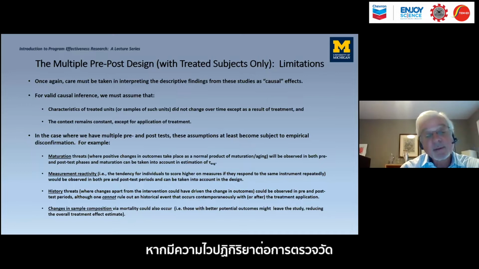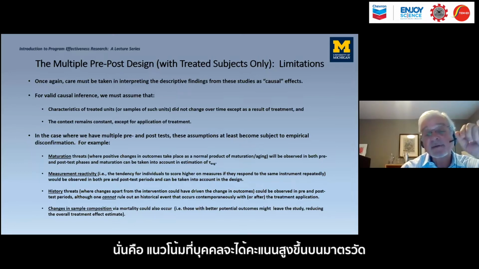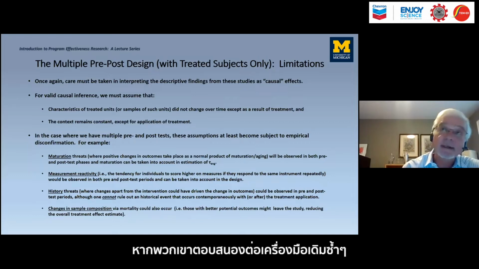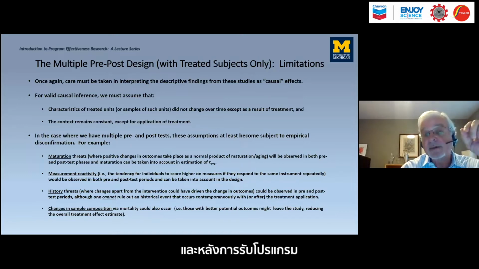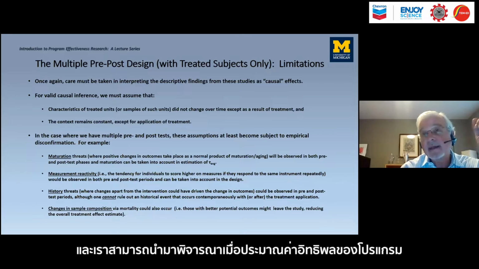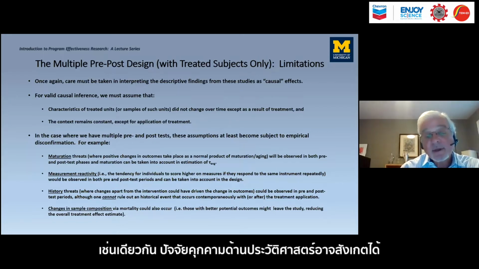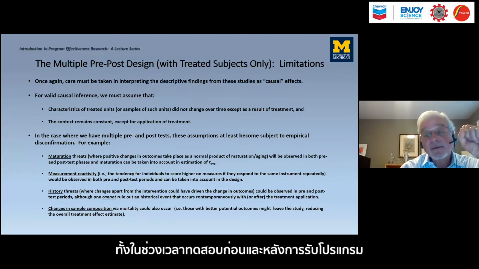If there's measurement reactivity, that is a tendency for individuals to score higher on measures if they're responding repeatedly to the same instrument, once again, we should observe those in both the pre-test and the post-test periods, and we can take that into account when we estimate the treatment effect. History threats, similarly, could be observed in both the pre and post-test periods.